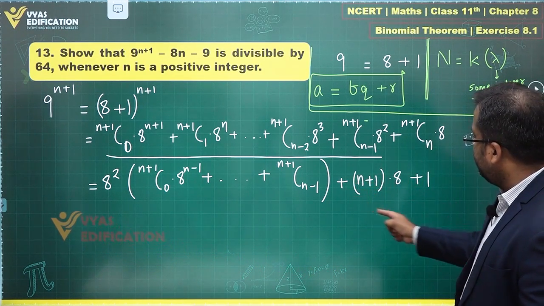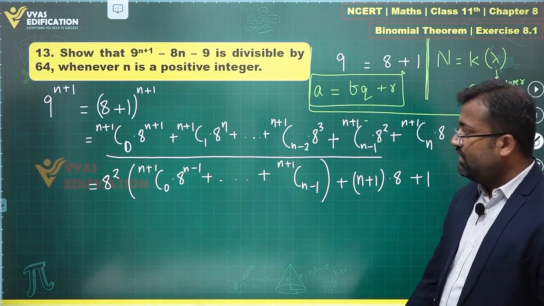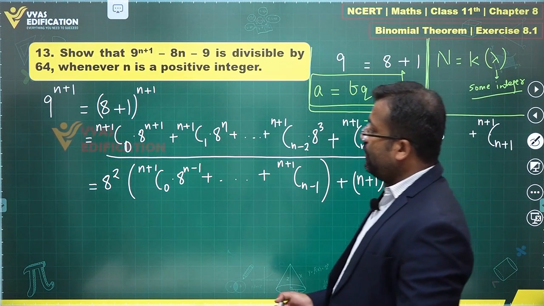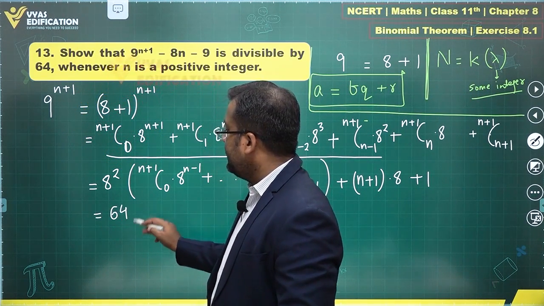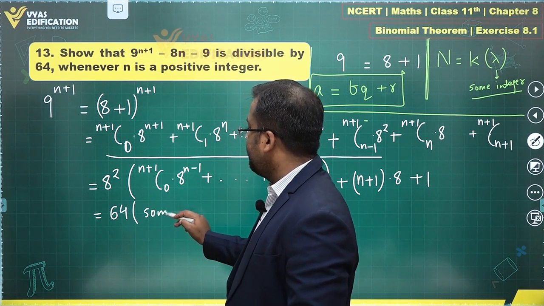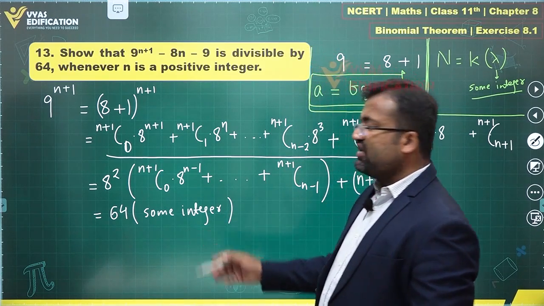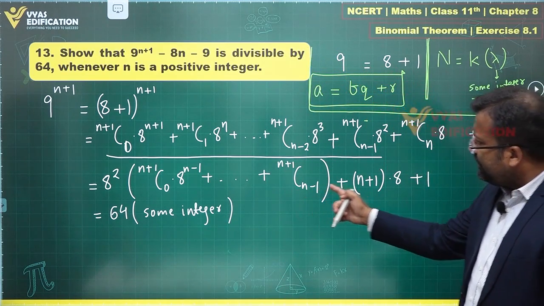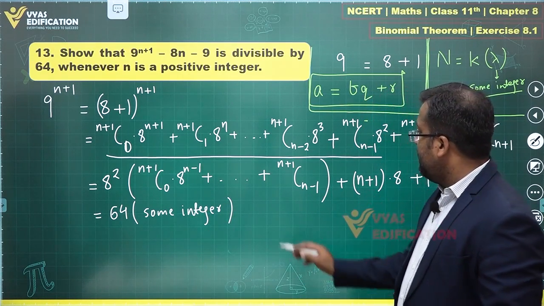Can we take all of these terms on the LHS? Yes. So this is equal to 64 times some positive integer. All of these terms are integers, therefore the addition will also be some integer.